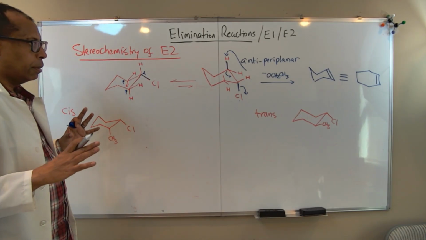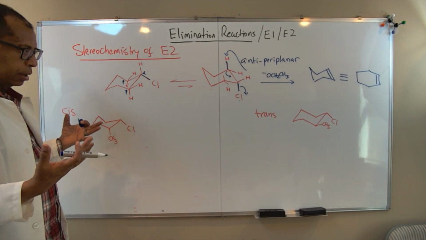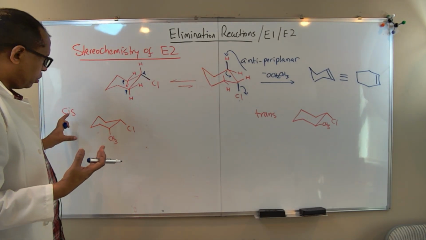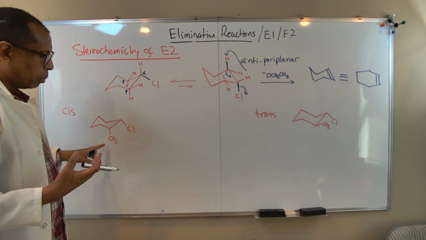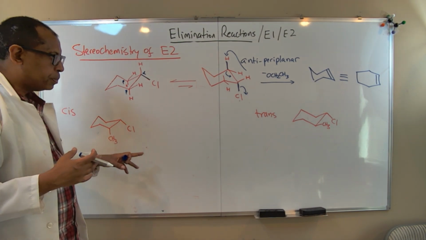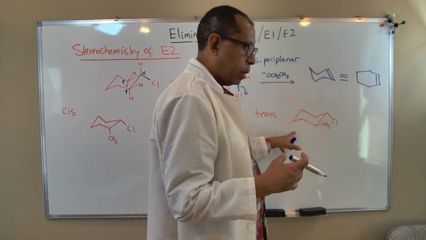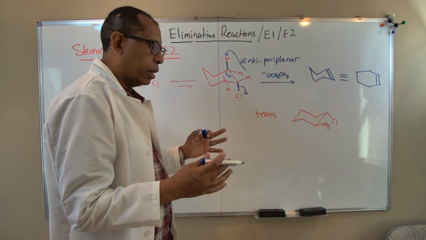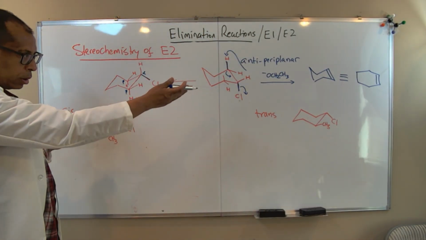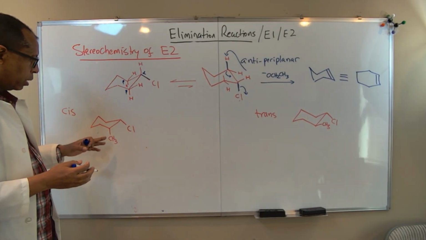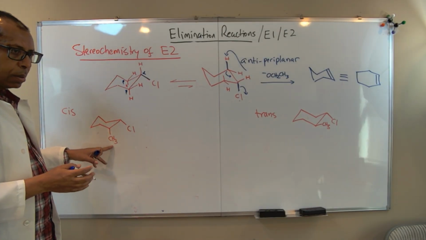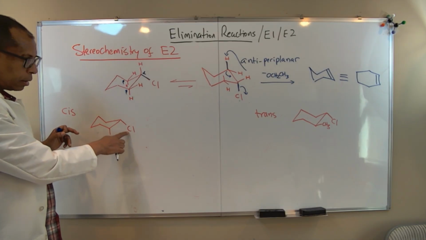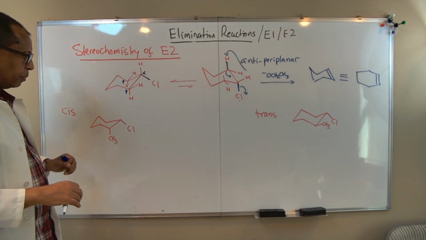An important example which I put here is chloromethylcyclohexane, when they are cis and trans. Those are two different compounds. This one is cis because the methyl and the chlorine are on the same face.